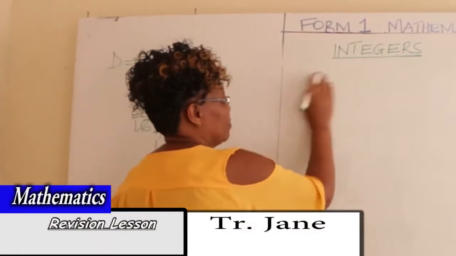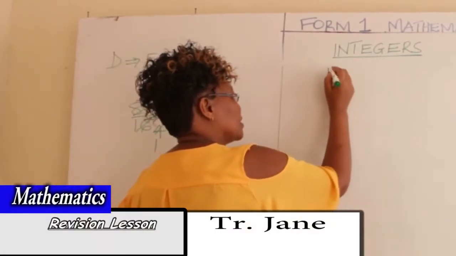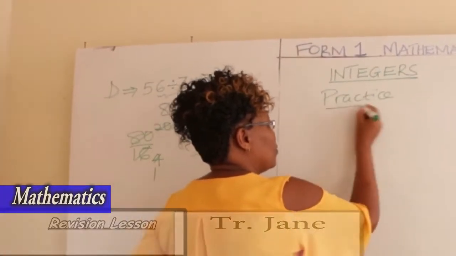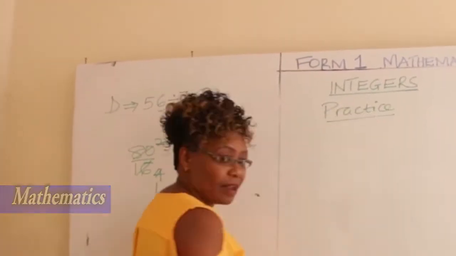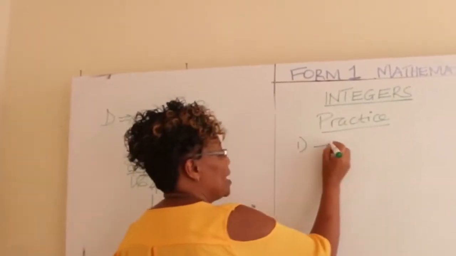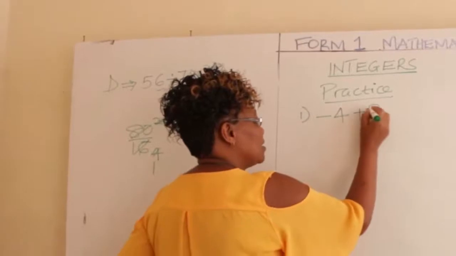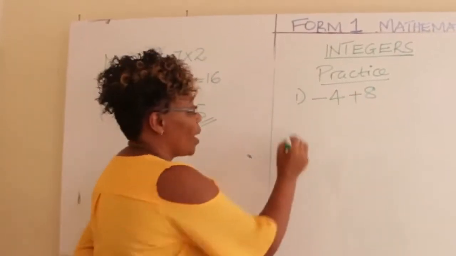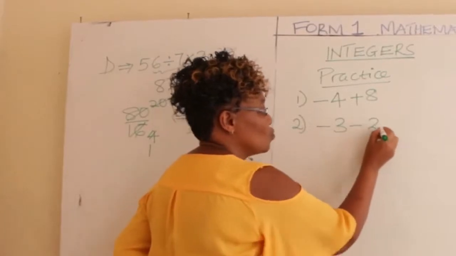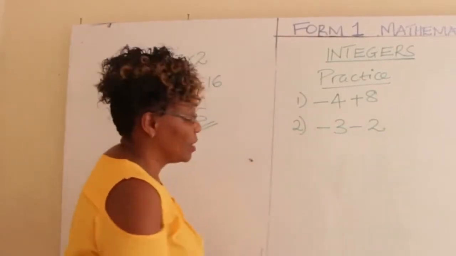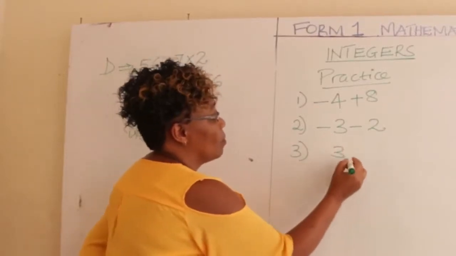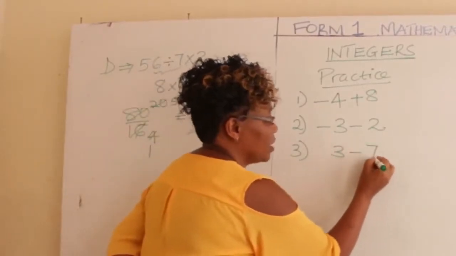Suppose you are given number 1, work out negative 4 plus 8. Work out negative 3 minus 2. You need to know all this. Work out, let's say, 3 minus 7.